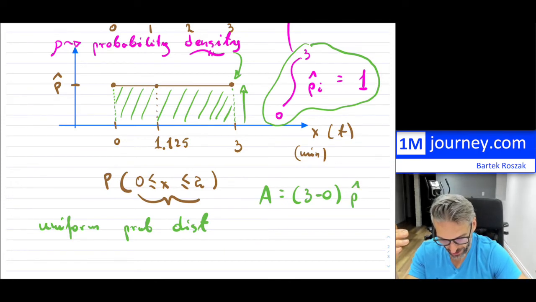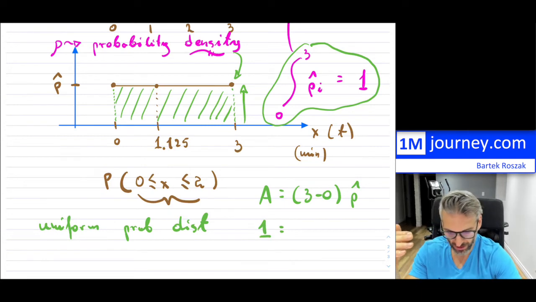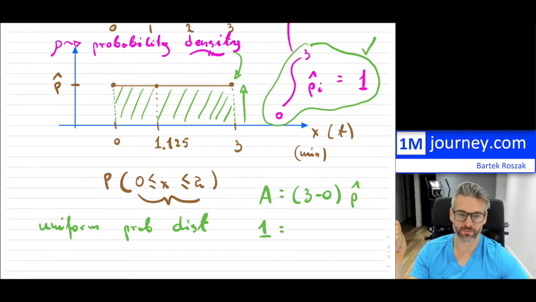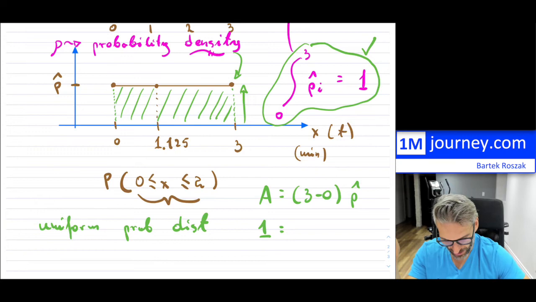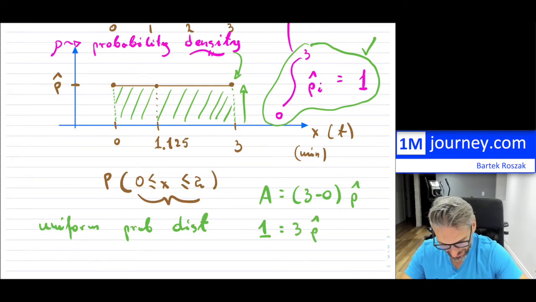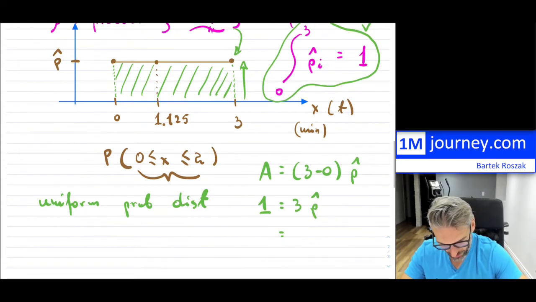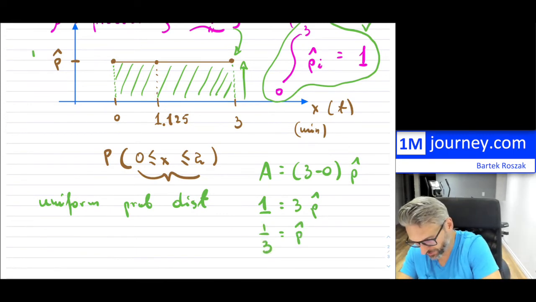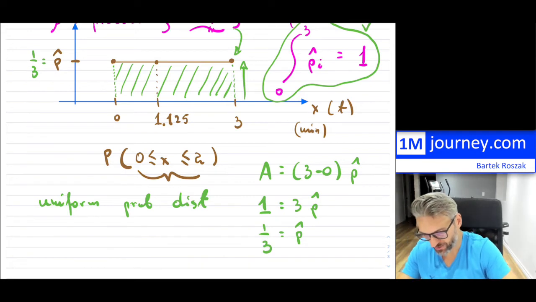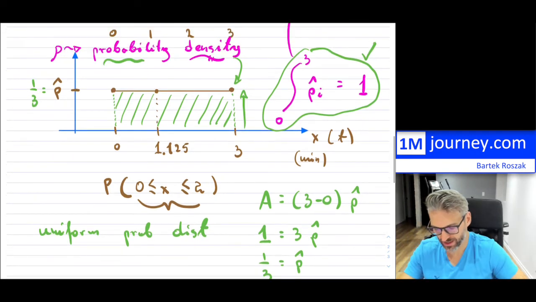The area across the entire thing is supposed to be equal to 1 because probabilities sum up to 1. So as you can see here, this is 3, and this is my little p hat, so p hat is equal to 1/3. That would have been 1/3 as my probability density across the entire thing.